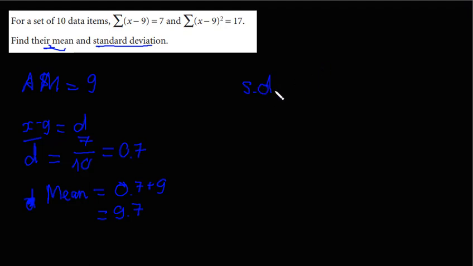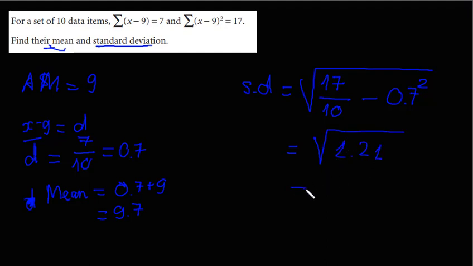Standard deviation equals the square root of 17, which is the sum of the squares, over 10, minus 0.7 squared, which is the mean, equal to the square root of 1.21, which equals 1.1.